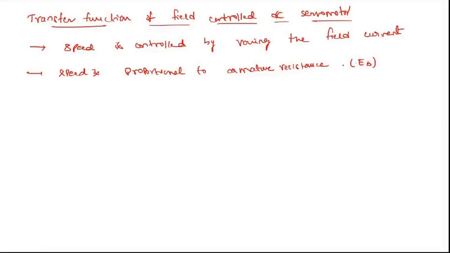These two will not be equal, but the armature resistance can be written in terms of back EMF also. So speed is proportional to back EMF and inversely proportional to the flux or field current.